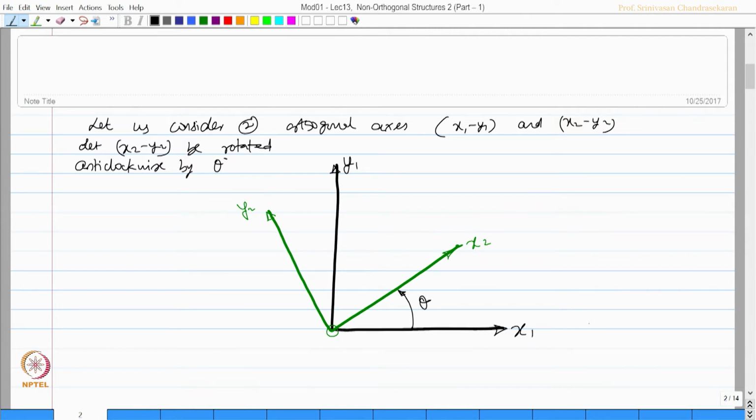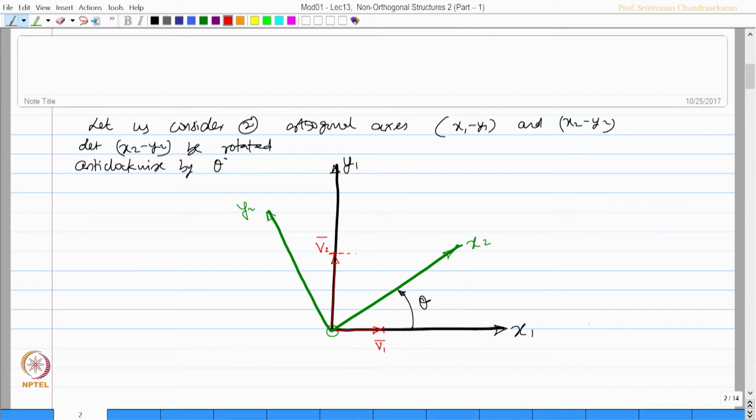Now, I want to find out the components of these respective in the other coordinate. So, let us say this is V 1 bar, and this component is V 2 bar.